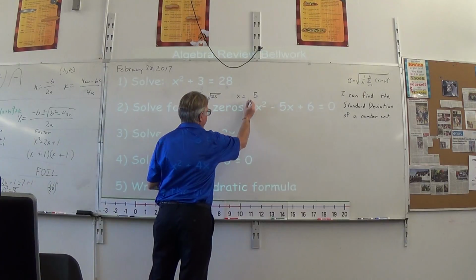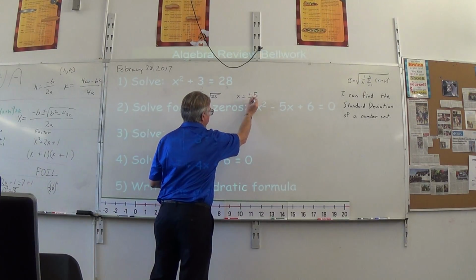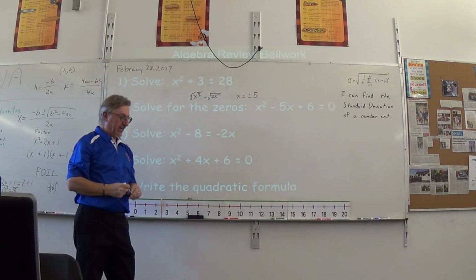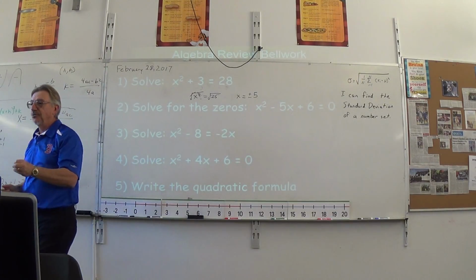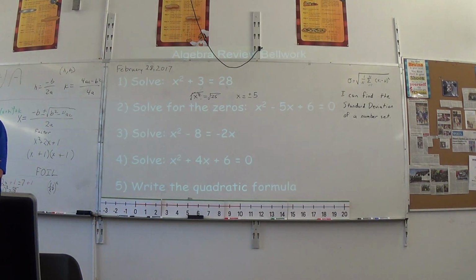Plus or minus 5, because negative 5 squared is also 25. Remember, a negative times a negative is a positive. On one of the tests, a lot of you missed the problem because it had a very similar answer.